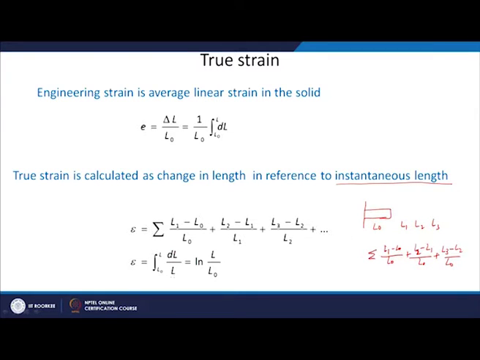So it will be dl by L, and the integration is with lower limit L naught to L. The integration here will give you ln L from L naught to L. If I put in the limits, it will become ln L minus ln L naught, and in logarithmic terms it will become ln L upon L naught. This is what you will get in case of true strain. That is why we call this strain logarithmic strain also.